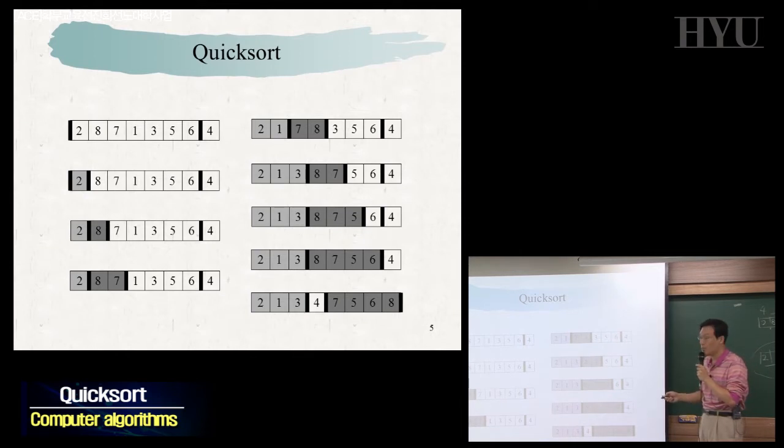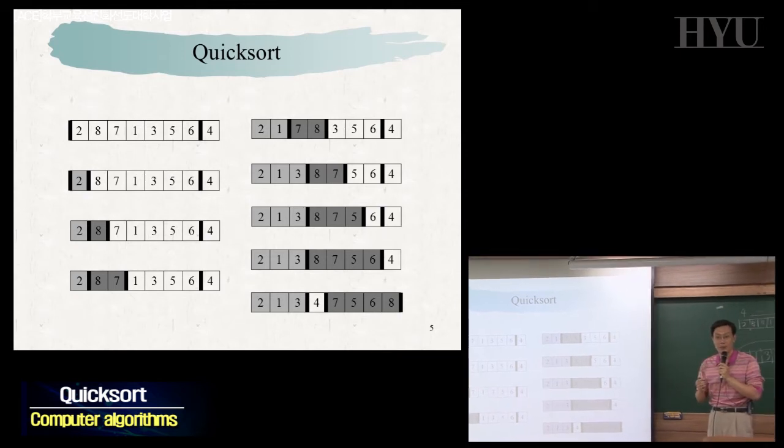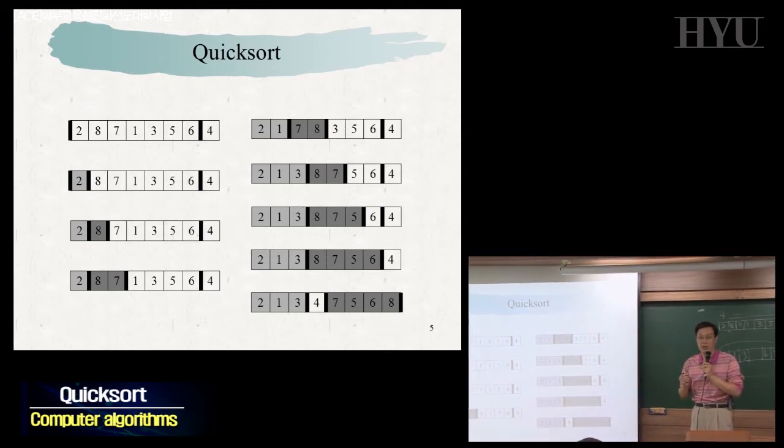And then 8 is bigger than 4, so we extend the larger partition. And then it scans again. There is no problem if the next element is larger than the pivot. We simply extend the larger partition.